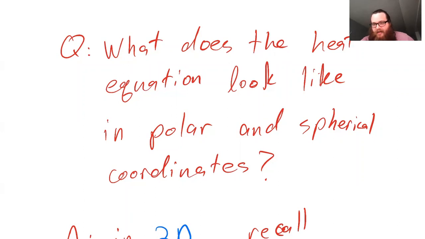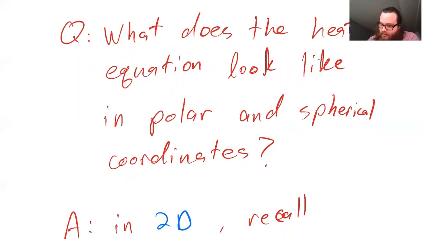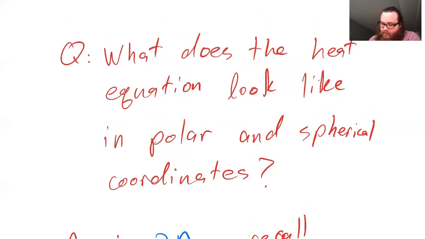So kind of the last topic in section 1.5 is what the heat equation looks like in other coordinate systems. In this part, we're going to focus on two systems in particular, polar coordinates, as well as spherical coordinates.